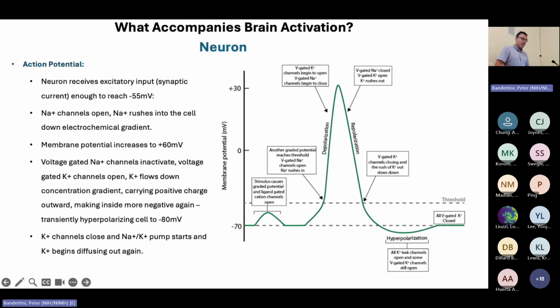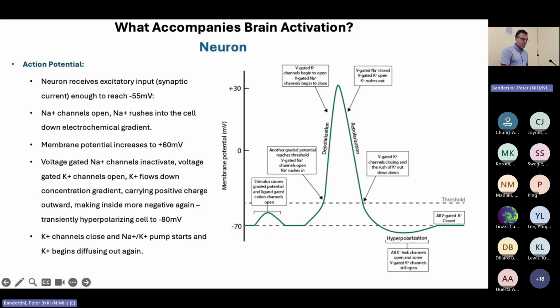The sodium channels open, sodium rushes into the cell down an electrochemical gradient, and the membrane potential increases to 60 millivolts. Then the voltage gated sodium channels inactivate, and voltage gated potassium channels open. Potassium flows down the concentration gradient, carrying positive charge outward, making the inside more negative again.